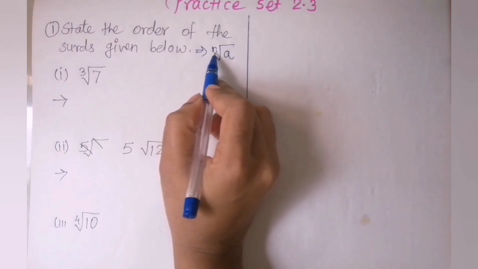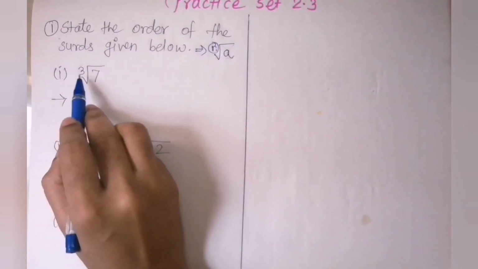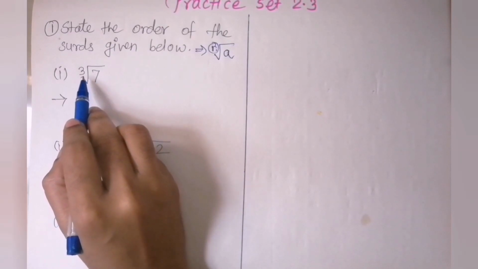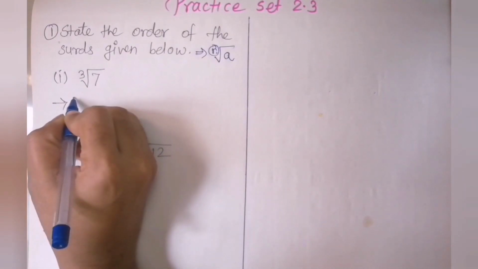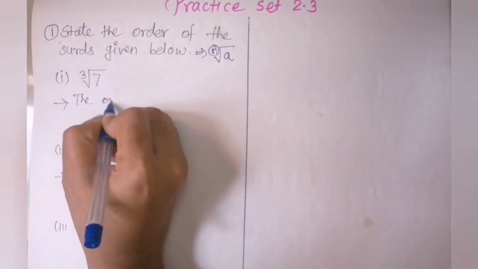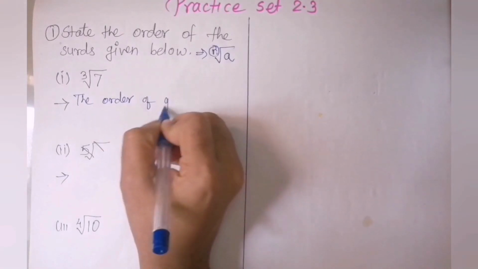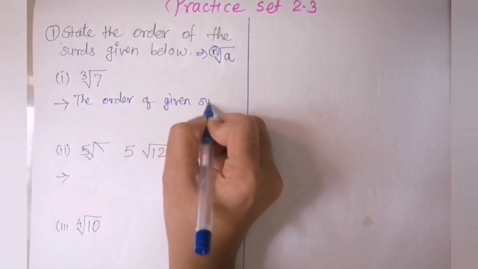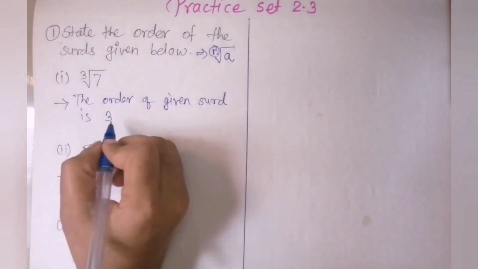So what is n? It is the order. So 3 is the order of the given surd. Write down the answer in full form: the order of the given surd is 3.